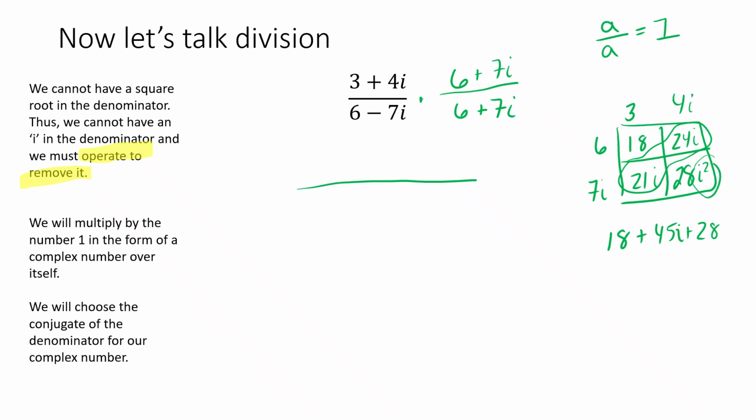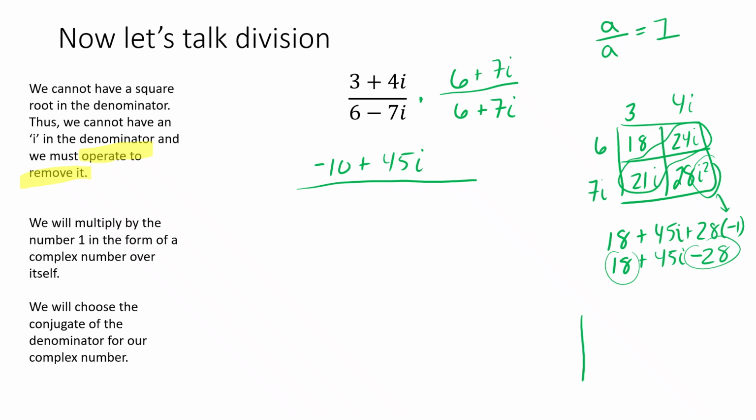I'm going to collapse some steps here. Instead of writing 28i squared, I'm going to remember that i squared is equal to -1. So this will be 18 plus 45i minus 28. At that point, I feel pretty comfortable moving back over to the main body of my problem, because 18 minus 28 is -10. So we have -10 plus 45i.